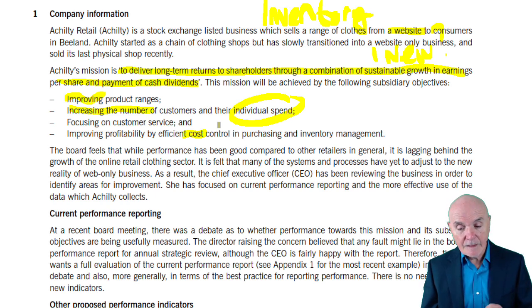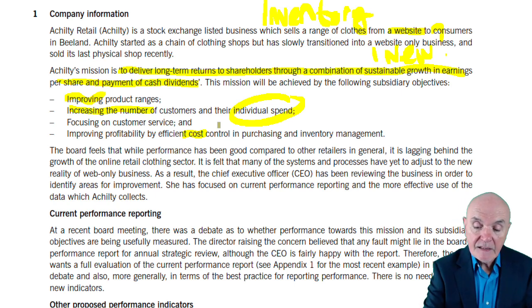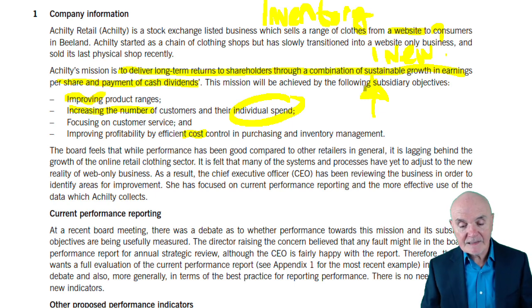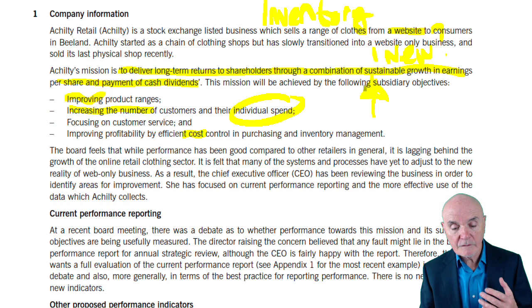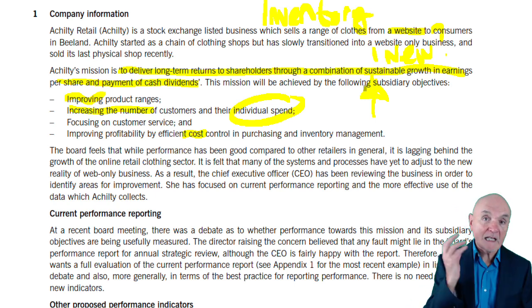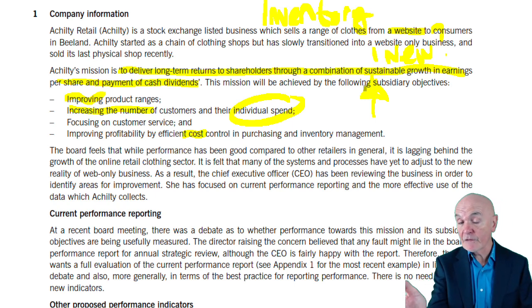The second rather hidden element within this, which I think is very easy to miss, is sustainable. The company hasn't simply said we want growth in earnings, we want growth in payment of cash dividends. It wants sustainable. In other words, we'd look not just at what's happened in the past, but maybe 5, maybe even 10 years ahead, though that's difficult, of course.